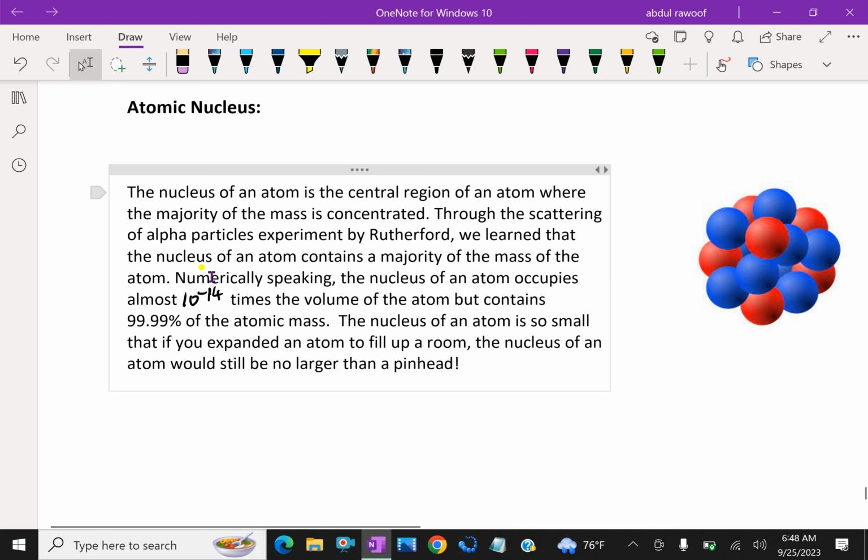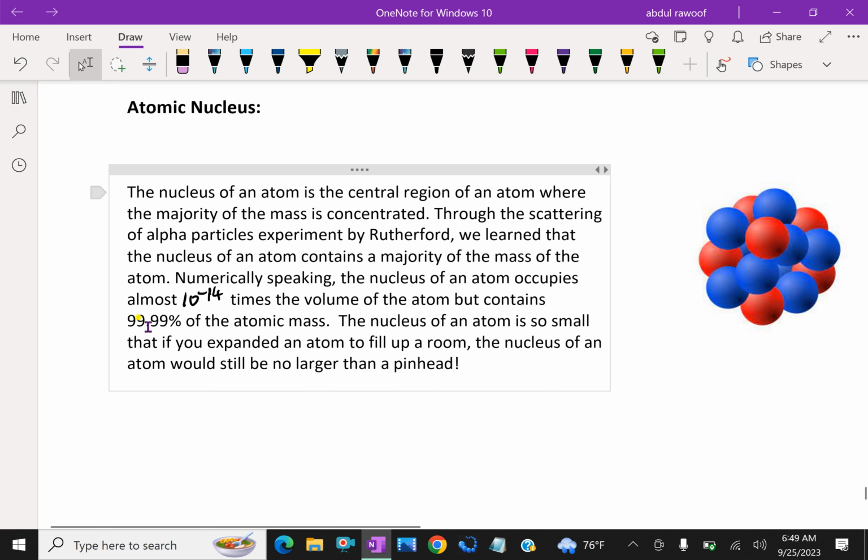Atomic nucleus. The nucleus of an atom is the central region of an atom where the majority of the mass is concentrated. Through the scattering of alpha particles experiment by Rutherford, we learned that the nucleus of an atom contains the majority of the mass of the atom. Numerically speaking, the nucleus occupies almost 10^-14 times the volume of an atom but contains 99.99% of the atomic mass.